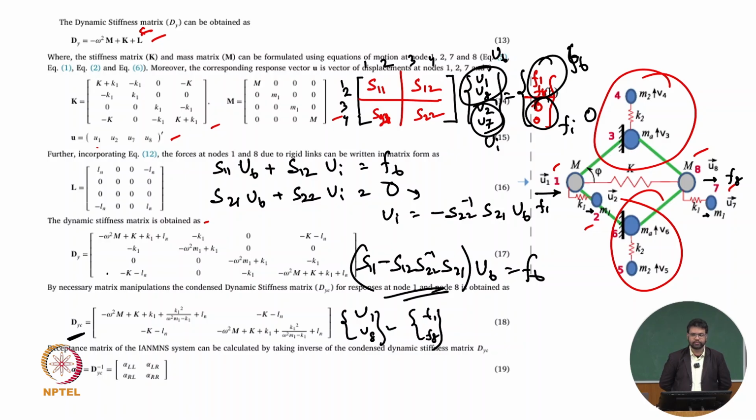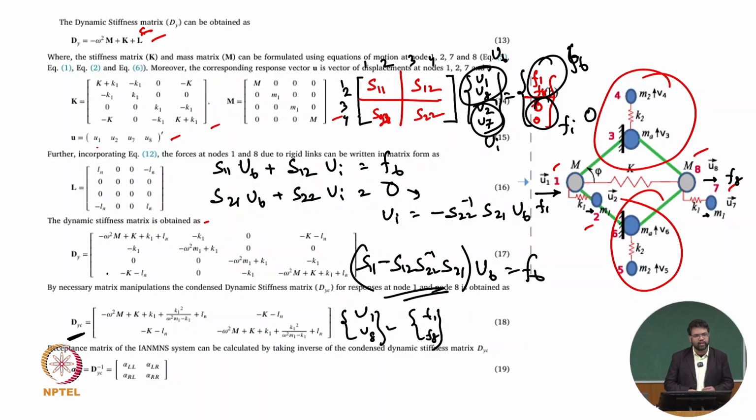Agreed? Okay, up to that point, any doubt about how we are condensing the matrices and how we come to that point? Very good. Now once that is done, we can try to calculate the receptance matrix.